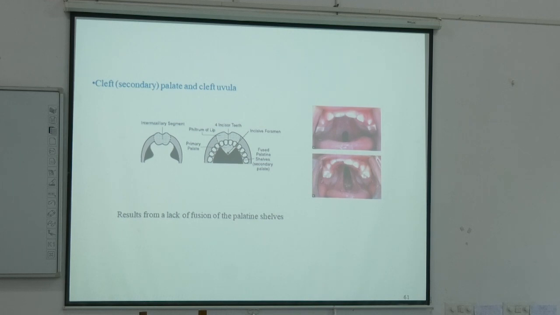We have seen a patient who came to our clinic with this kind of defect, where whatever food the person took came out through the nose because of a complete split. So food material leaks into the nasal cavity and comes out through the nose. These are the complications or presentations you could see with these defects.